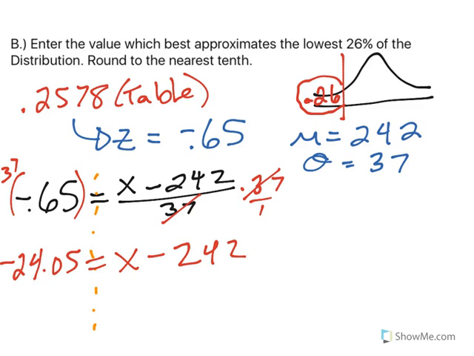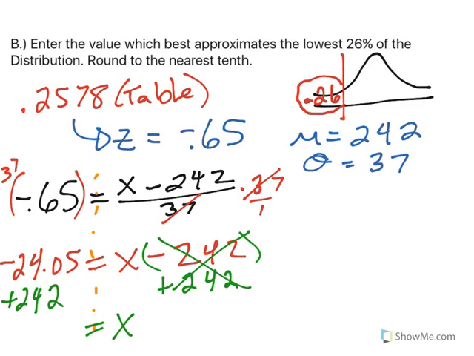Now the last step, we're trying to get x by itself, so I'm going to add 242 to both sides. Because when I add 242, negative 242 plus 242 is 0, and I just have x plus 0, which is x.